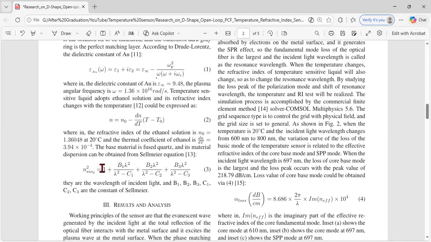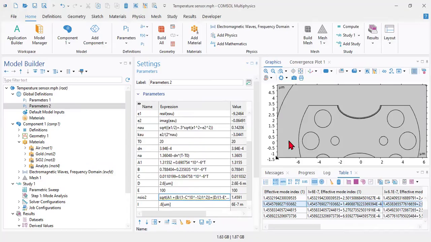They didn't take the temperature sensitive base silica. It's a problem. In a temperature sensor, obviously you are taking some temperature dependent liquid. So in the outer layer, you will change the temperature.